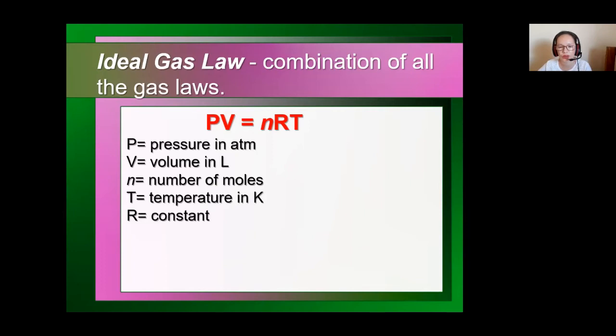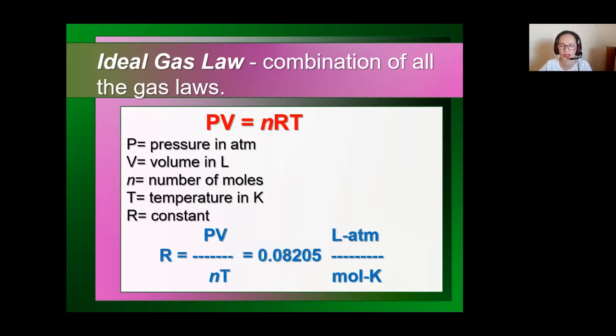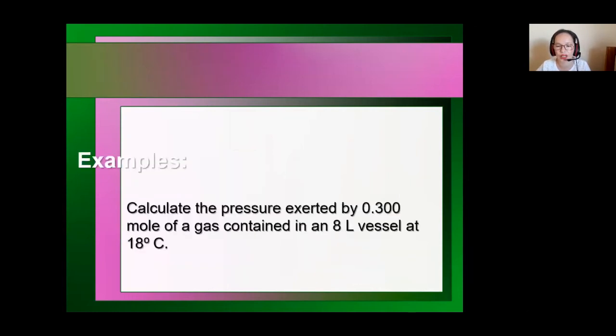You divide that by n, 1 mole, and then the temperature of 273. And that R is equivalent to 0.08205 liter atmosphere per mole Kelvin. So take note, this is constant. So the value of R will always be this one. Okay? So again, for ideal gas law, it's PV = nRT.